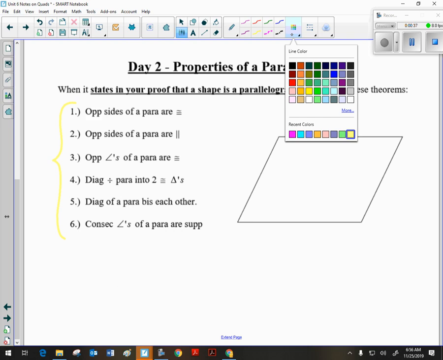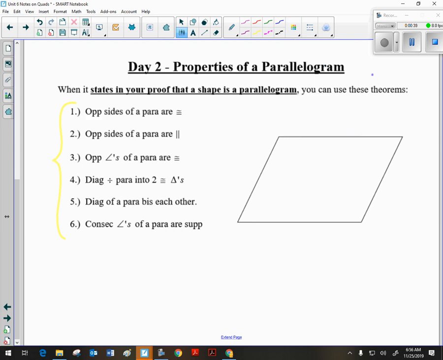So if I was to tell you that this quadrilateral that we have right here is a parallelogram, and that we're going to call the parallelogram EFGH, you would see that written like this, the word para, and then the letters E, F, G, and H. And just like we talked about last week when we talked about a trapezoid, when we name them, it really doesn't matter where we put the first letter. A lot of times I'll put E in the upper left-hand corner, and then you have to work your way around the shape.